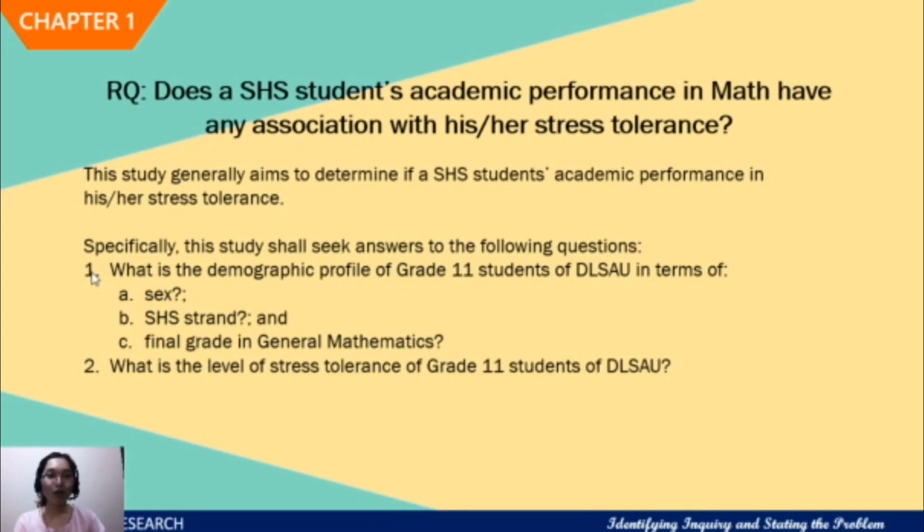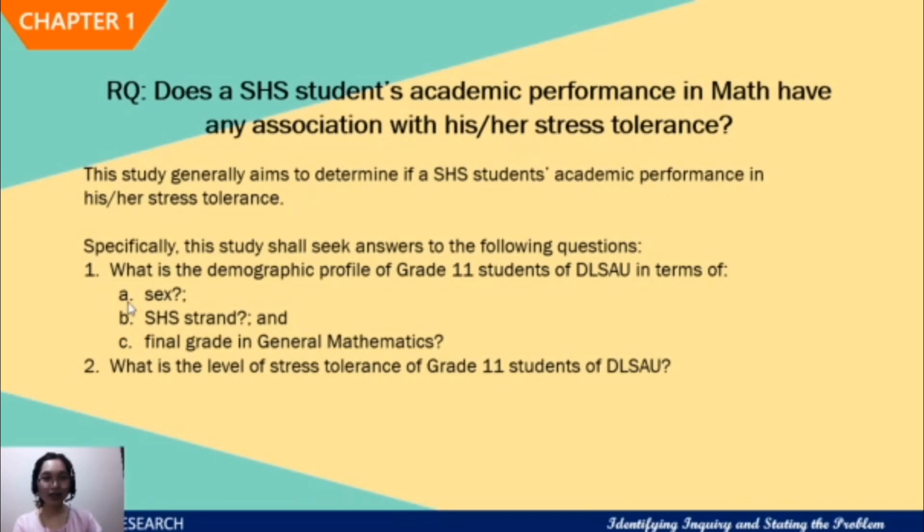Number 1, what is the demographic profile of grade 11 students of De La Salle State University in terms of A, sex, B, senior high school strand, and C, final grade in general mathematics. So, ito yung kukunin mo yung demographic profile ng mga participants of the study.